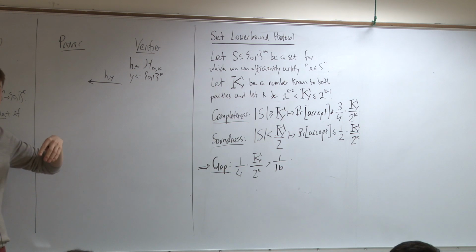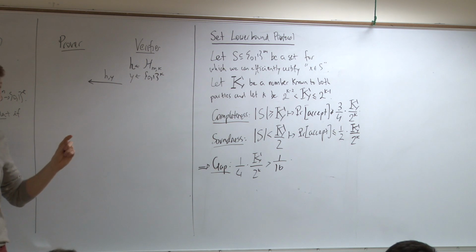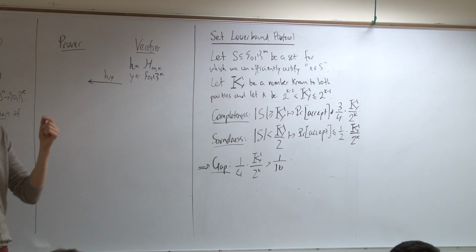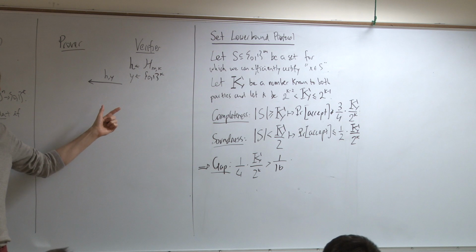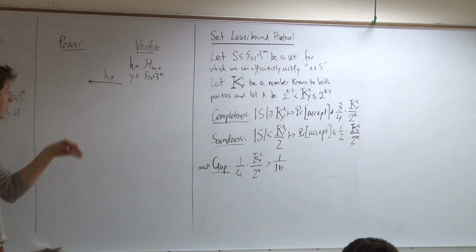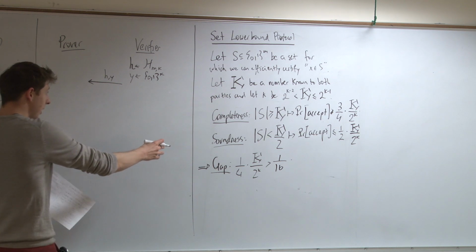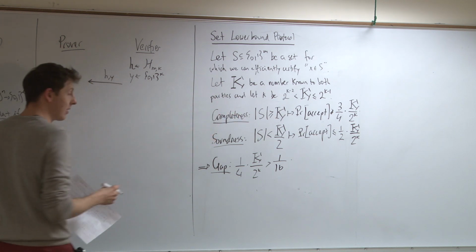Conversely, if S is very tiny, let's say really extreme, S has one element, what are the chances that the verifier picked y so that y under h has a pre-image in S? Very small, right? Because there is only one option. And what we're actually going to prove is that somehow the completeness and soundness are precisely related to the size.